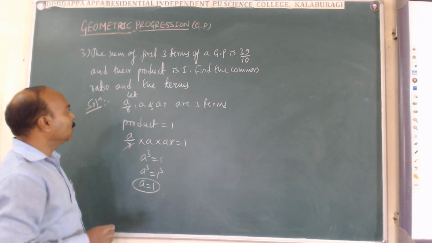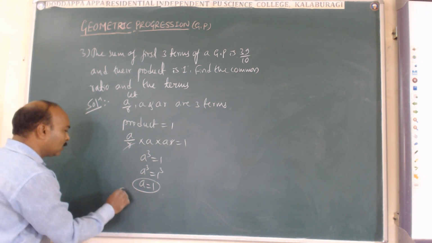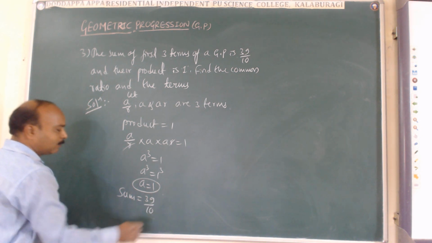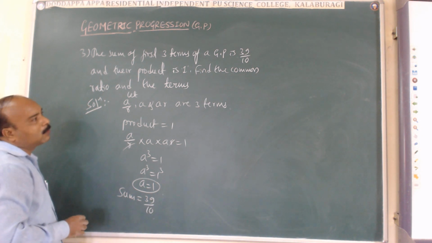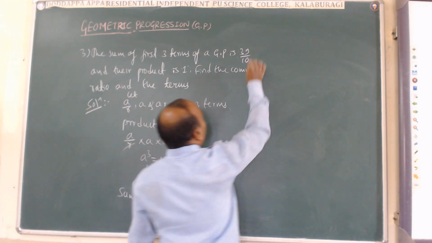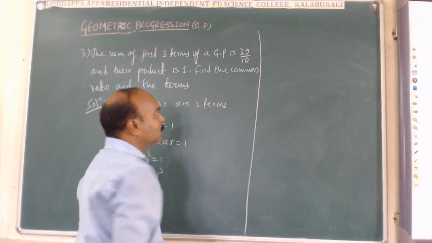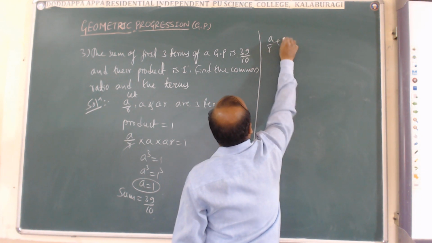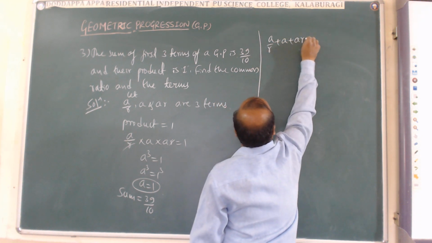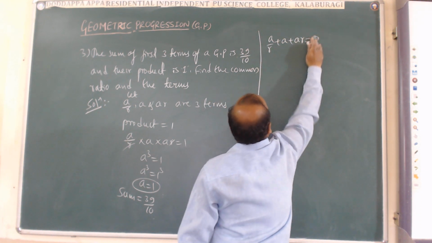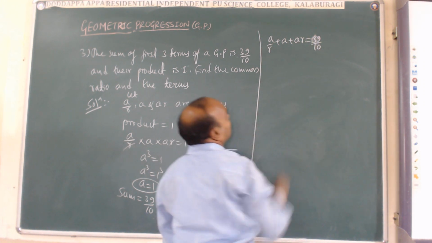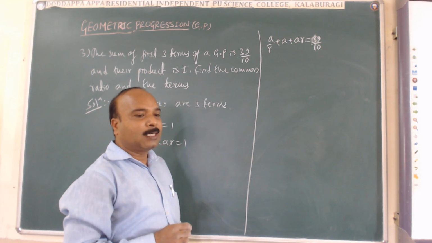Now go for the second condition. What is given here? Sum of these 3 numbers is 39 by 10. Sum means we can add all the 3 terms. We considered the terms as a by r plus a plus ar equal to, that is given as 39 by 10. This you have to write. This is the meaning of sum of 3 terms.